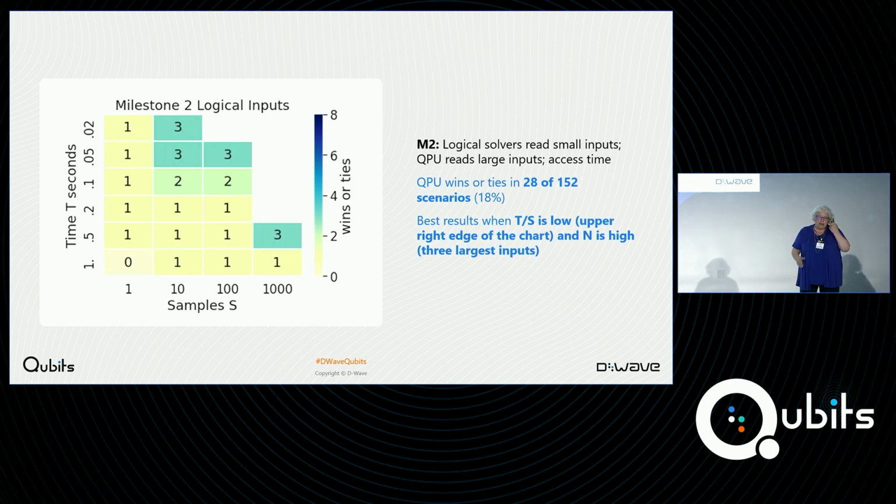Milestone 2, logical inputs. We looked only in cases where there's a logical and a physical version. The logical solvers, the CPU solvers, are solving that smaller problem, and the QPU is solving the bigger problem. And you can see fewer successes from the QPU.